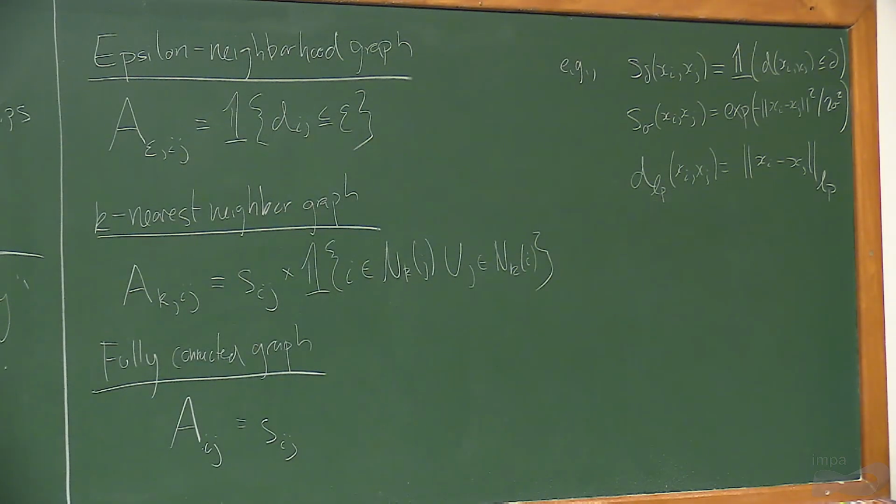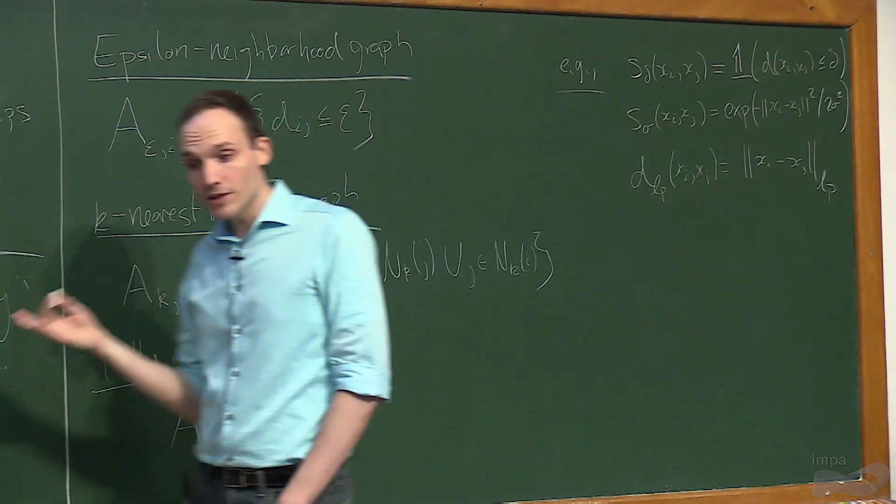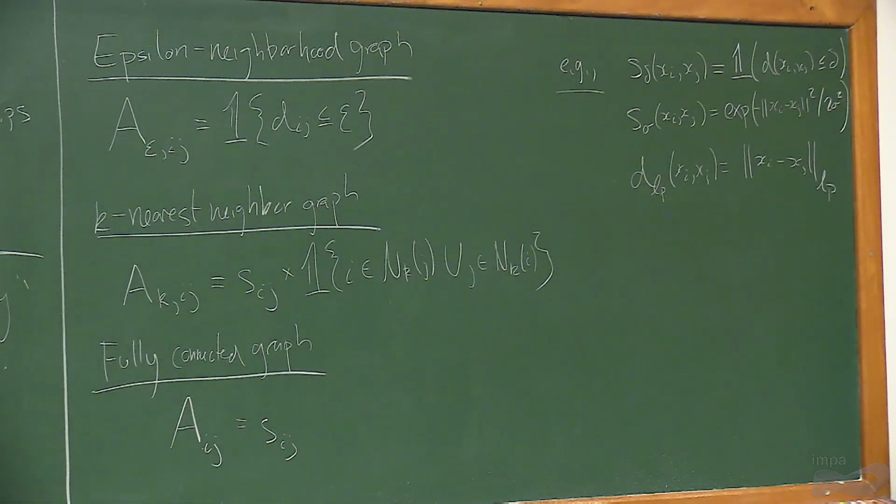And each of these formulations is receiving a lot of attention, and in particular domains, in biology and the natural sciences, there are situations where you may prefer one choice or another. There are rules of thumb for how to choose epsilon and k in certain settings, but in general, there's still work to be done to understand how the choice of construction influences downstream analysis and inference.